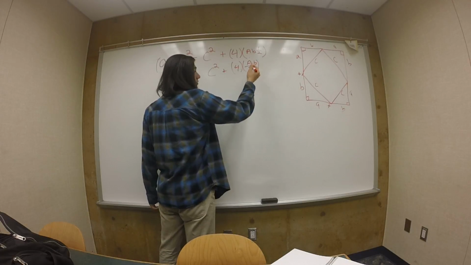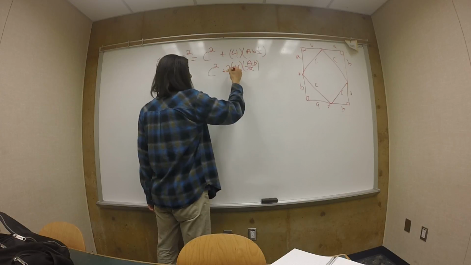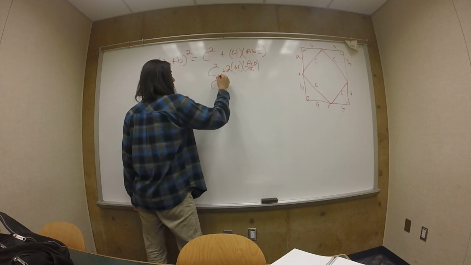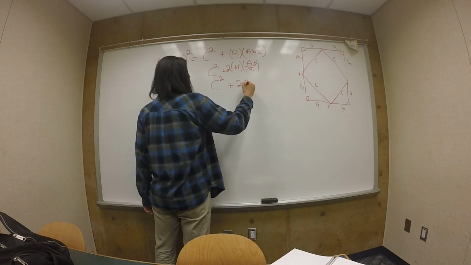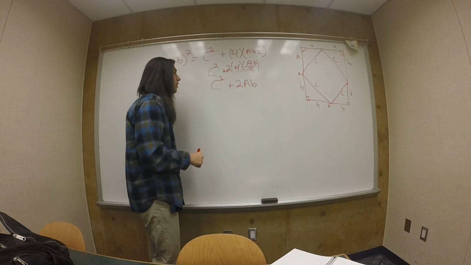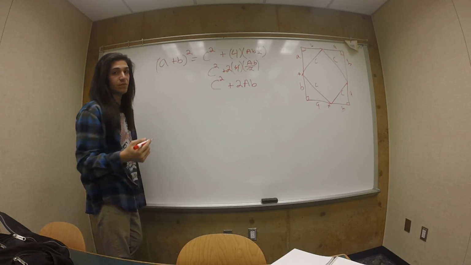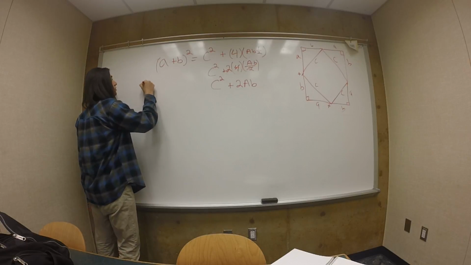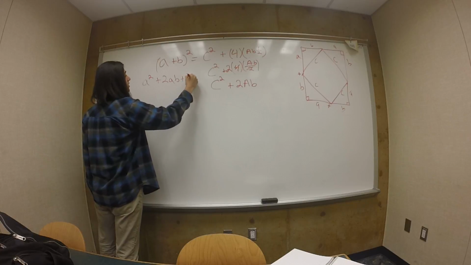You can reduce or simplify this down to a 2. So c squared plus 2ab. Now that's your right side. Your left side, a plus b times a plus b, equals a squared plus 2ab plus b squared.